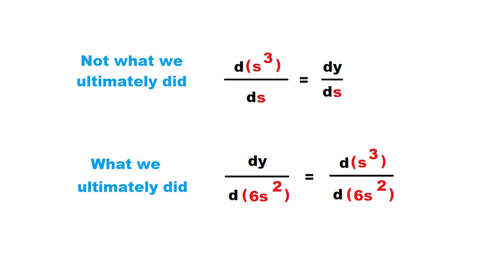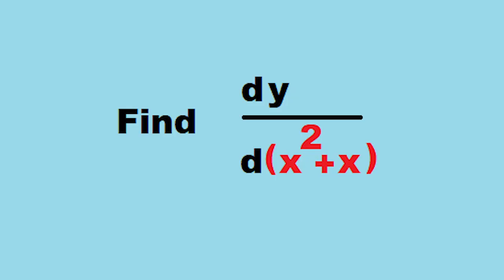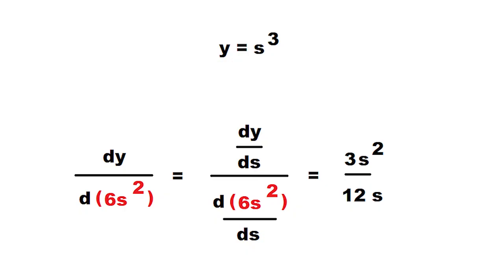Instead, we ended up taking the mutant derivative dy over d 6s squared, where y equals s cubed. That kind of gives us an idea of how mutant derivatives come into play. And we also saw how easy they were to compute.